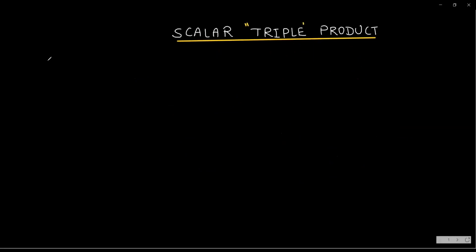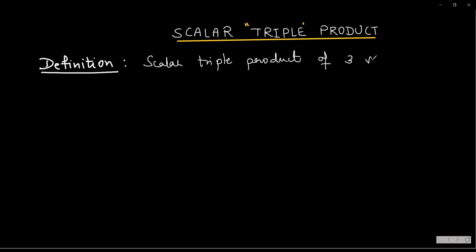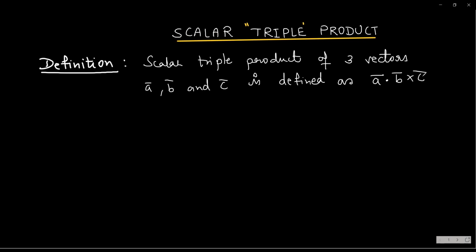Let's have the definition here. Scalar triple product of 3 vectors A bar, B bar, and C bar is defined as A bar dot B bar cross C bar.